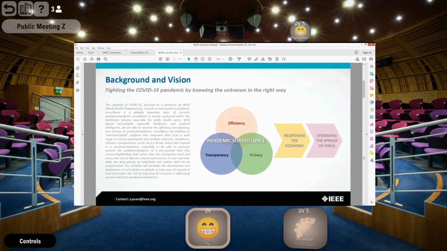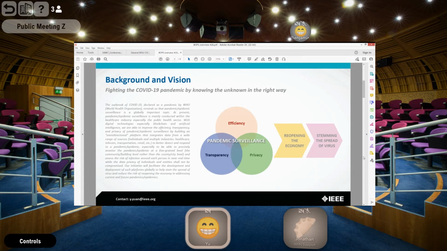Let me give you some background. COVID-19 has been around our lives for almost 2 years, and during the pandemic surveillance, different countries are using different ways to control the pandemic. For now, we would say the current practice of pandemic surveillance is not close to perfection, or even far from perfection.